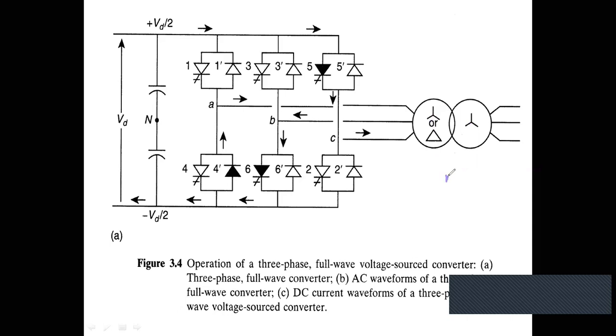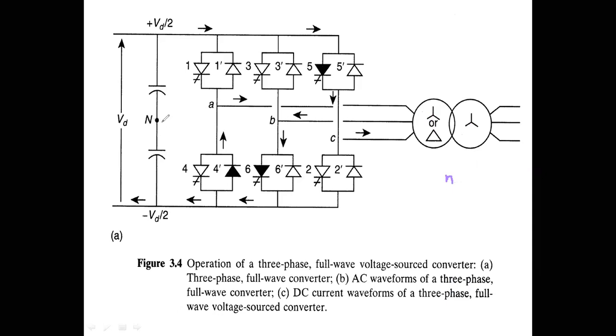So this small n is the neutral on the AC side and capital N is the midpoint of the capacitor you are considering. Just for expressing these VA, VB, VC, we have considered capital N. And if you see the difference between capital N and small n, small n will have triple N harmonics. Just now we discussed that the output waveform is not sinusoidal; you will get a square type. Once you see the phase voltage, it has a square waveform.